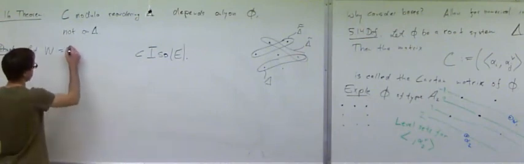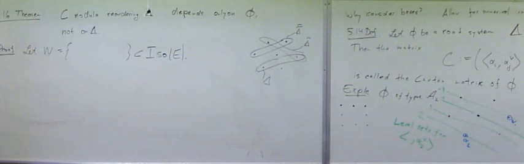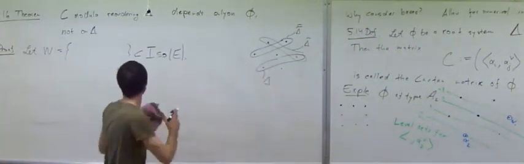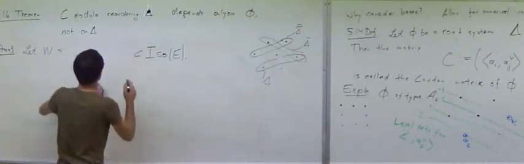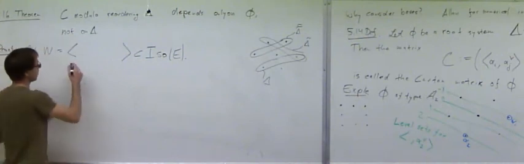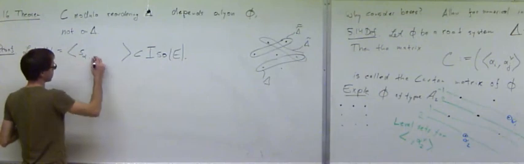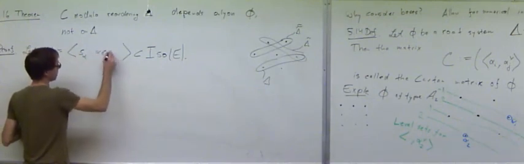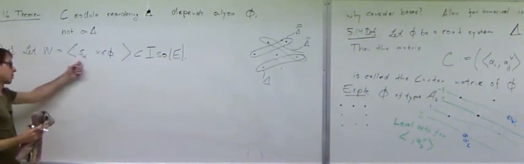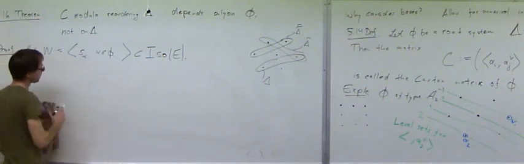And now I'm considering the following subgroup: the group generated by the reflections s_alpha, where alpha is an element of the root system. Remember, s_alpha was the reflection at alpha orthogonal.